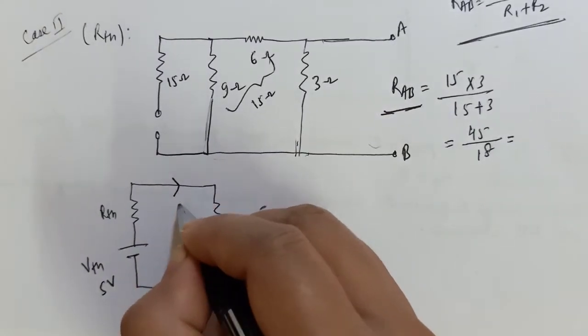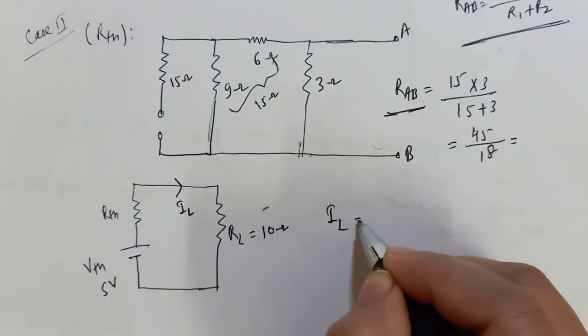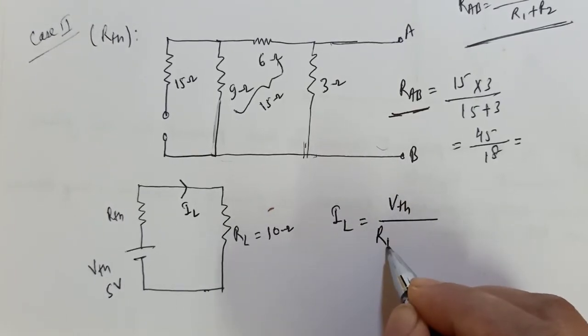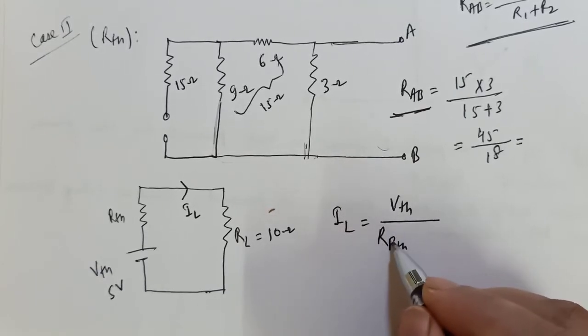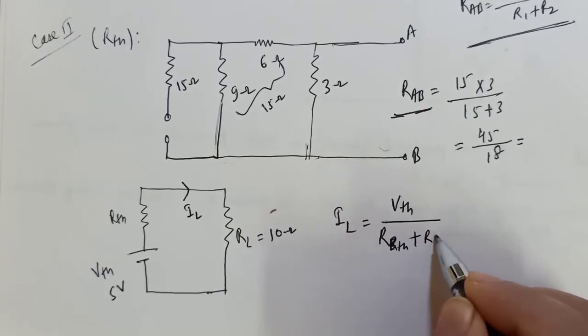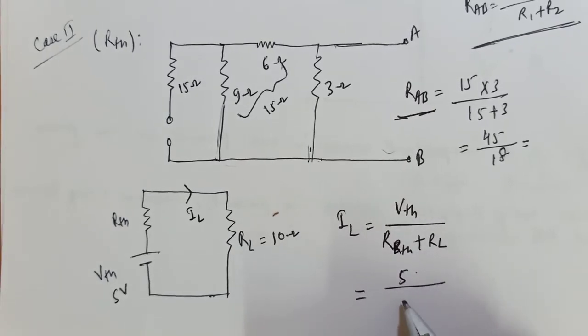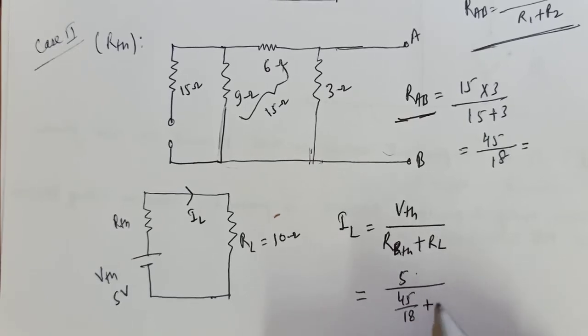So let's say the current flowing through the load resistance is IL. This IL you have to calculate. So IL will be your total voltage of the circuit, VThevenin, and the total resistance is RThevenin plus RL. So VThevenin is 5 and the RThevenin is your 45 by 18 and RL is your 10.